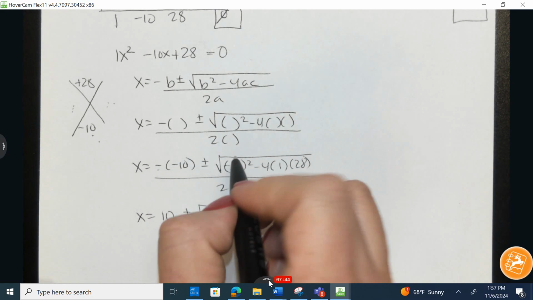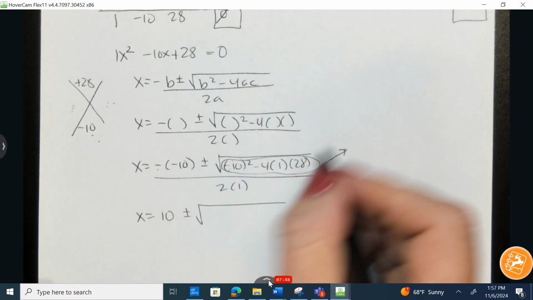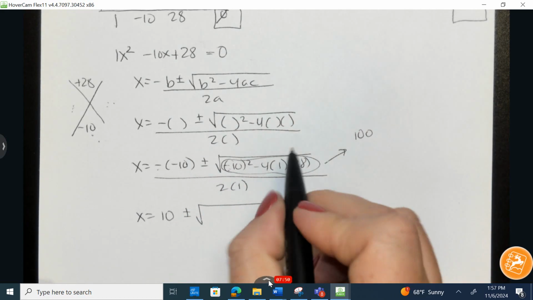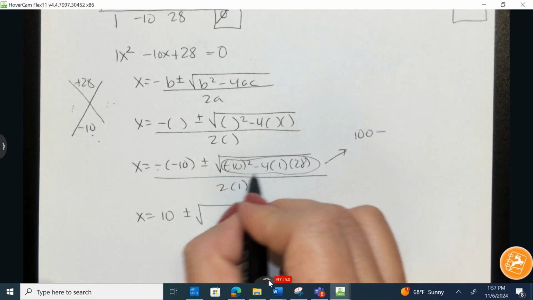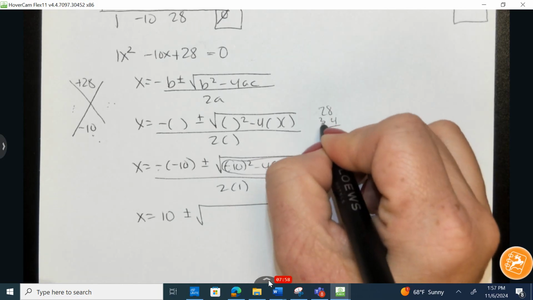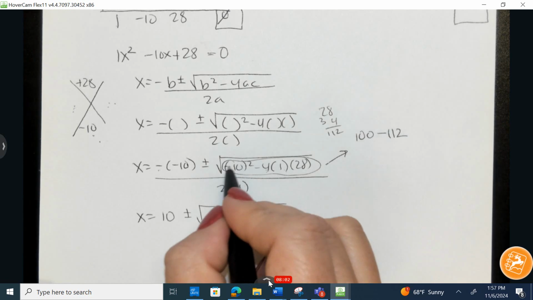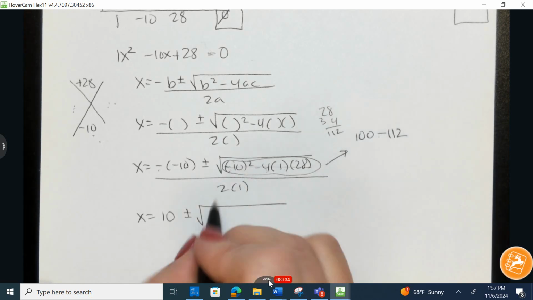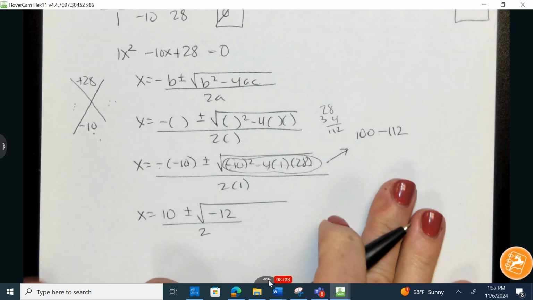Okay, so I'm going to come off to the side. This is called the discriminant. Negative 10 squared is 100. And then I have 4 times 1 times 28. Well, what's 28 times 4? 2 carried with 3 is 112. So inside of here, I have 100 subtract 112, which is negative 12, all divided by 2.